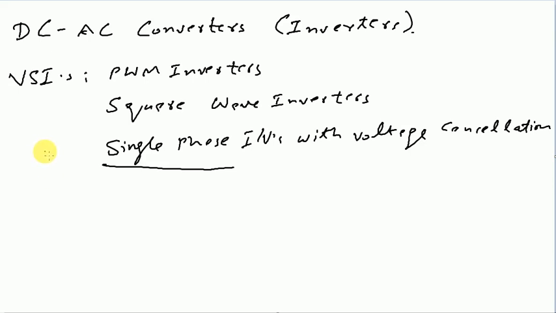It is not possible, or it does not exist, in the case of three phase inverters, okay, while the other two are possible for both of them. And furthermore, in fact, the square wave type of inverter is one subcategory of PWM inverters. How is that? We'll see that in this lecture.